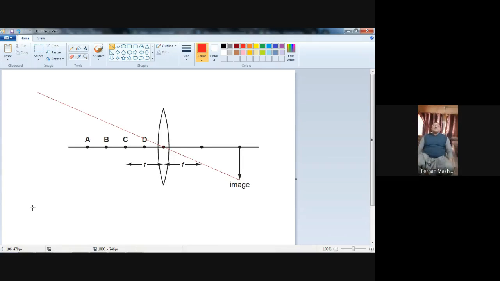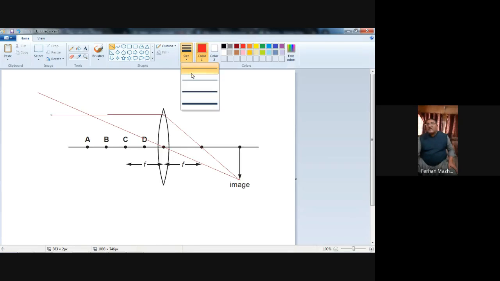Then I will start a ray from here and it should pass through the optical F. From that point, the light ray moves parallel to the principal axis.